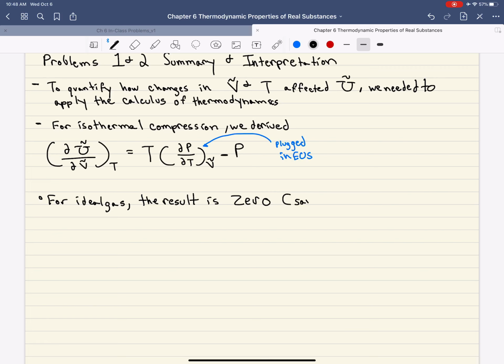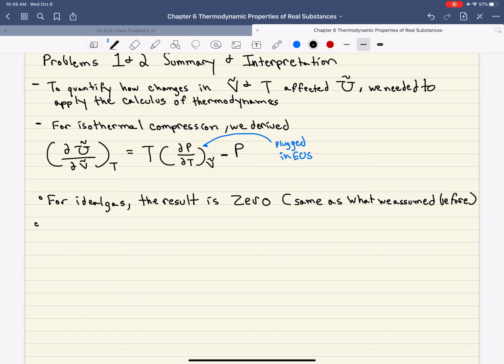And that matches what we assumed before, that if we have an ideal gas and temperature is kept constant, the internal energy is maintained.